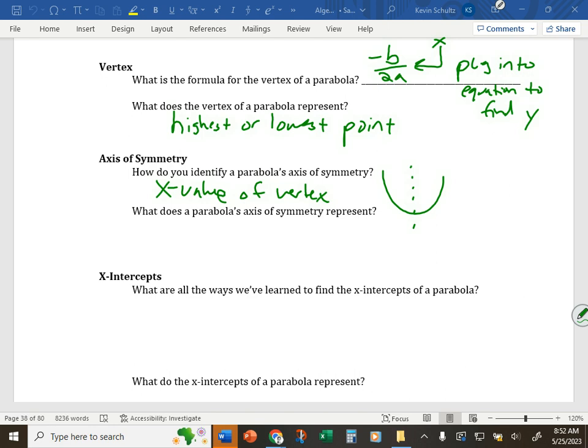It passes through the x value of the vertex point. And what does it represent? It represents the middle. It's that line of symmetry of a parabola. It's that point where you can fold it in half and it'll land over itself. Okay? It has very much to do with the vertex in that way.